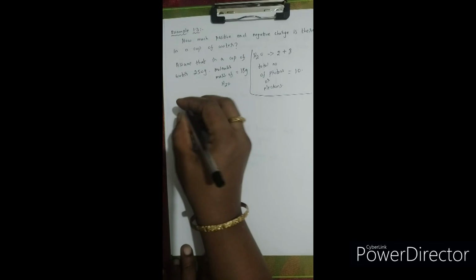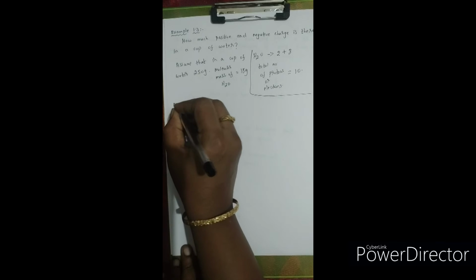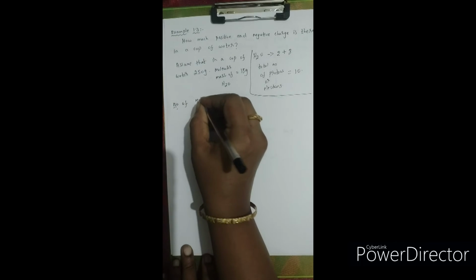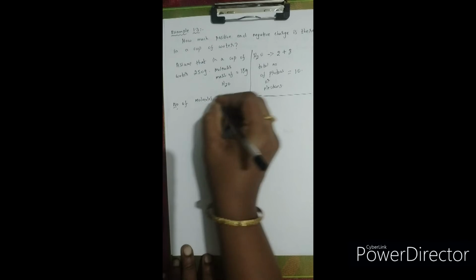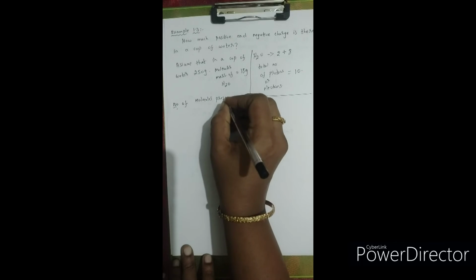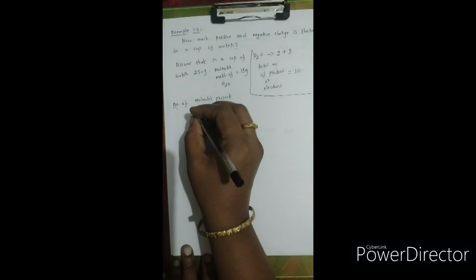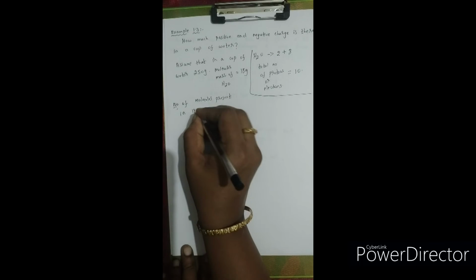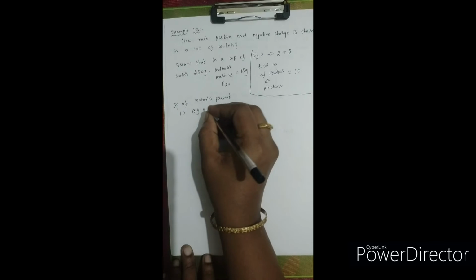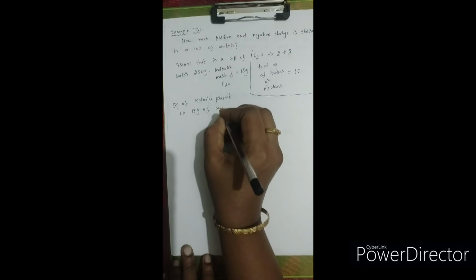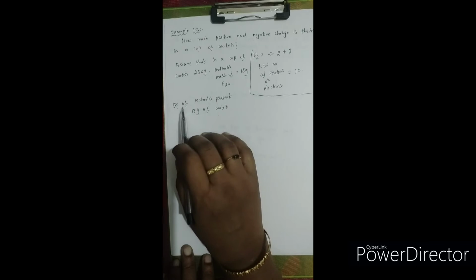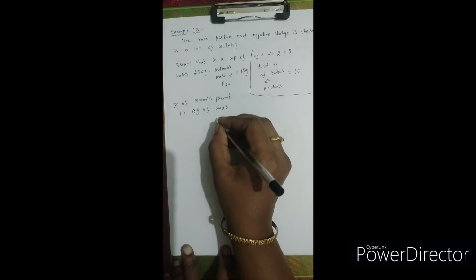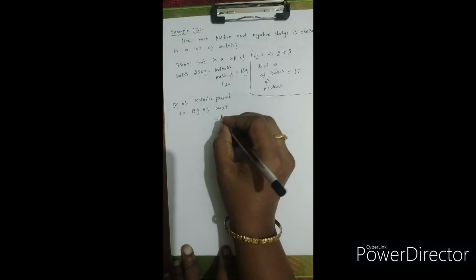We also know the number of molecules present in 18 gram of water. What is this, children? This is nothing but your Avogadro number.